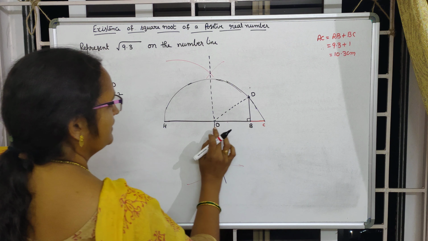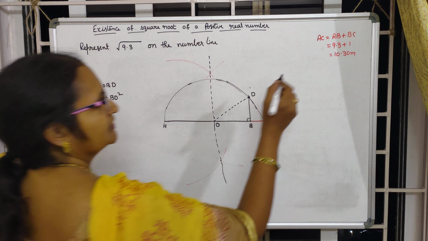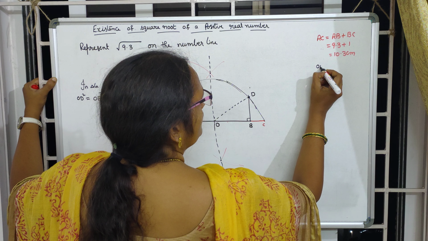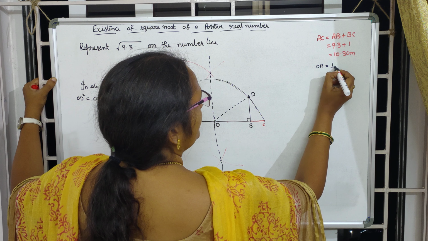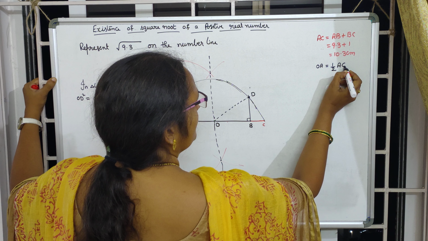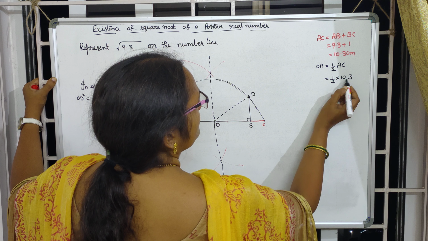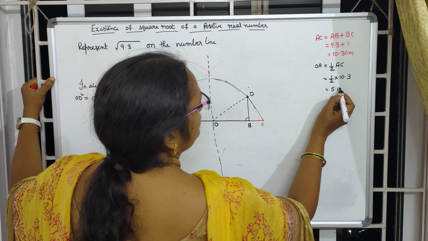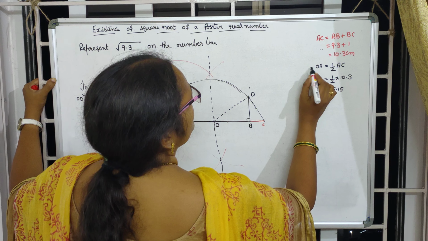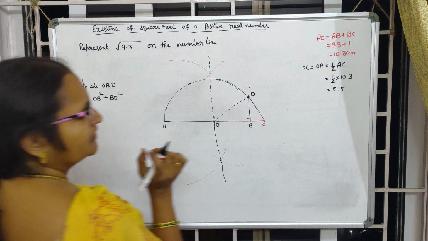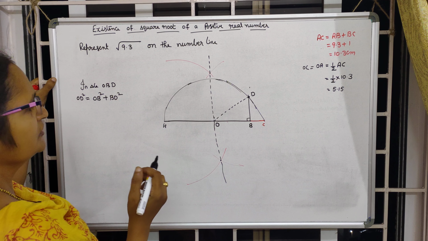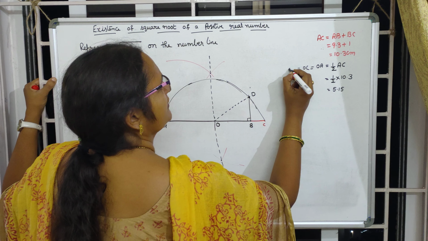OC is also the radius, OA is also the radius. OA is half of AC, because AC is the diameter. Half of 10.3 is 5.15. So OA equals OC equals 5.15, and OD is also the same.